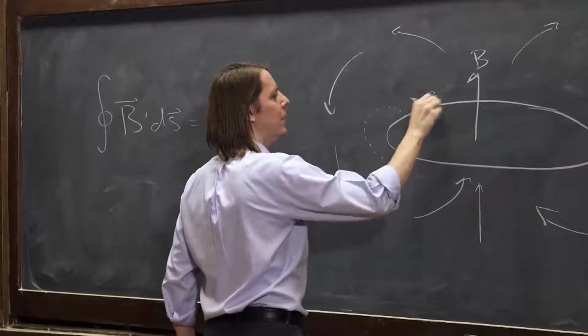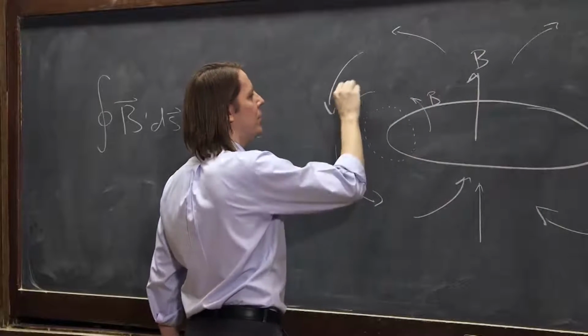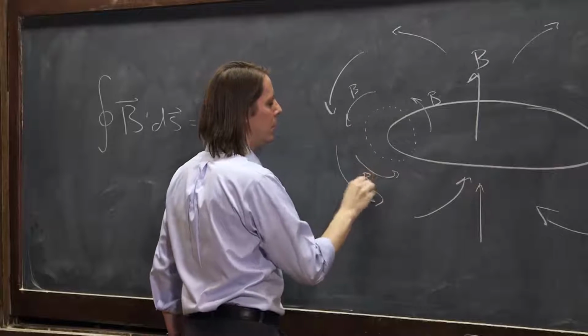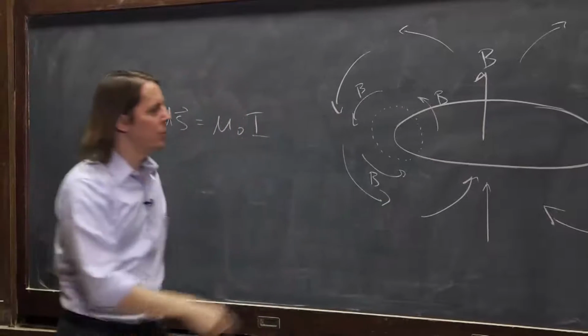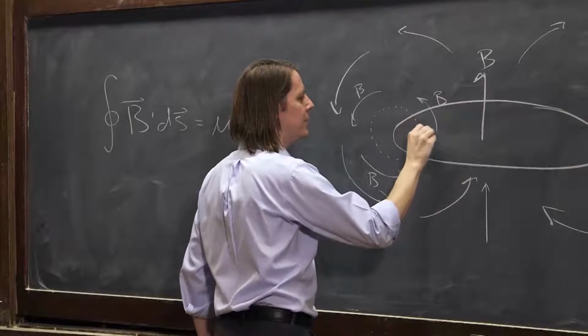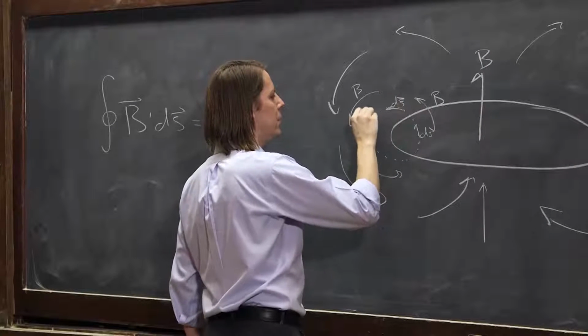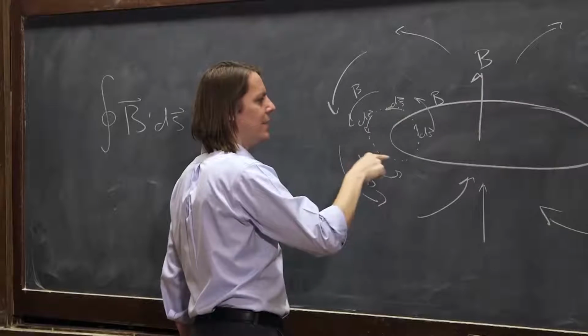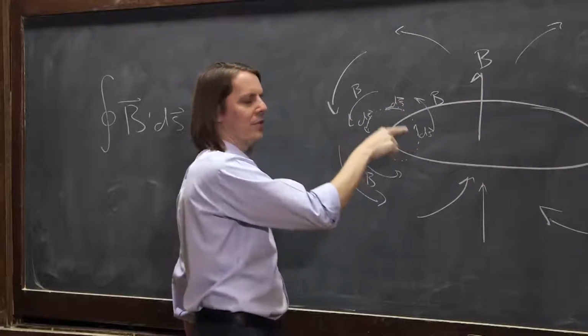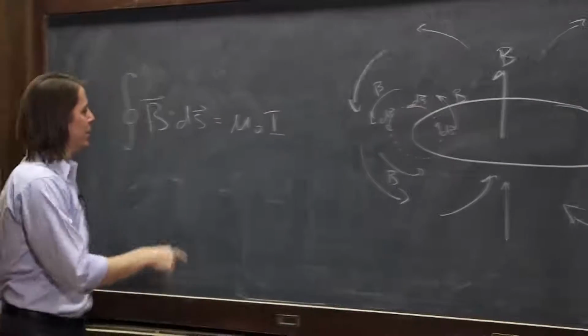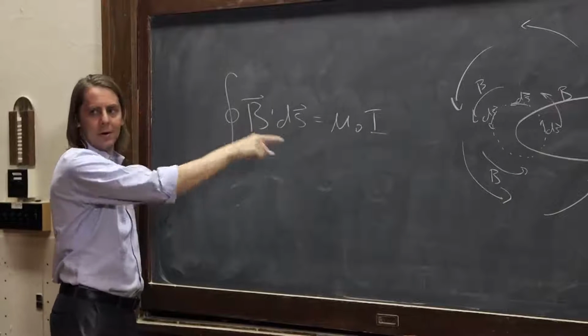The B field is kind of going around with that Amperian loop. So if we walk around it this way with our ds's, like that, you can see that ds and B are always going to be more or less in the same direction. Therefore, you're going to get a big whopping value here, right?